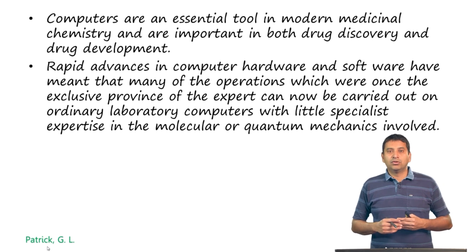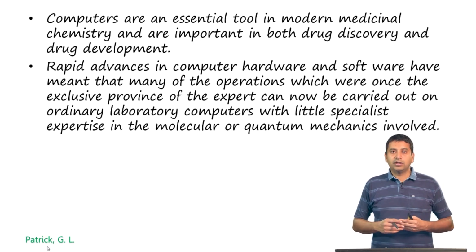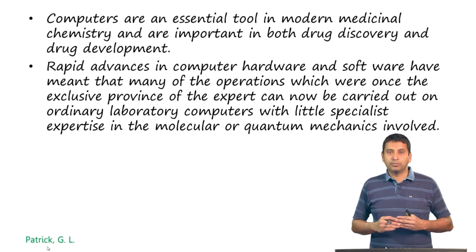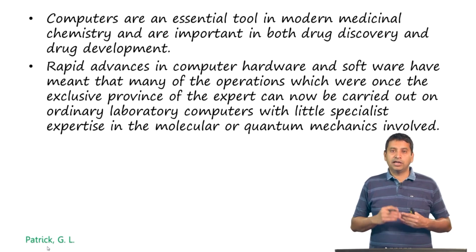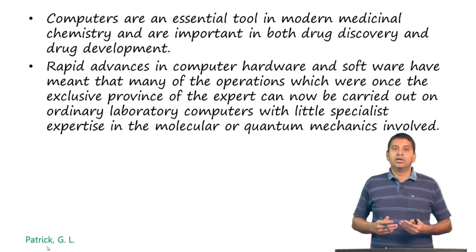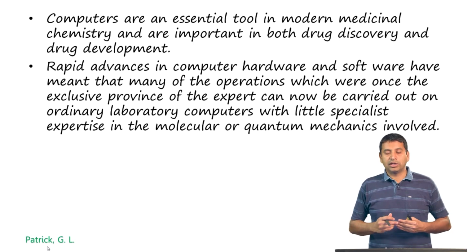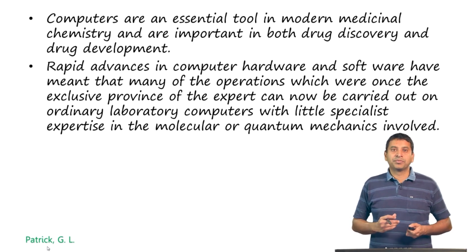Okay. So, this has been supported by rapid advances in computer hardware as well as software. Maybe 25 years back, these kinds of processes were really not accessible to the drug discovery people, but now even ordinary lab computers can help do simple molecular or quantum mechanics based calculations.